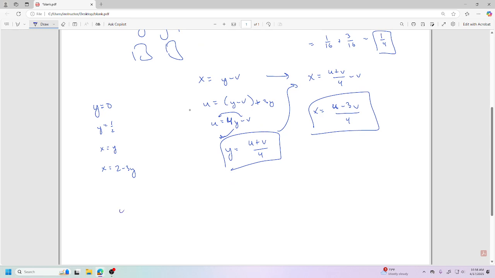So then u plus v over 4 is equal to 0, but then u plus v over 4 also equals a half. Now from here, I'm gathering that u is equal to negative v, I guess. And from here, I don't feel like I'm doing the right thing. I feel like I'm doing something wrong.